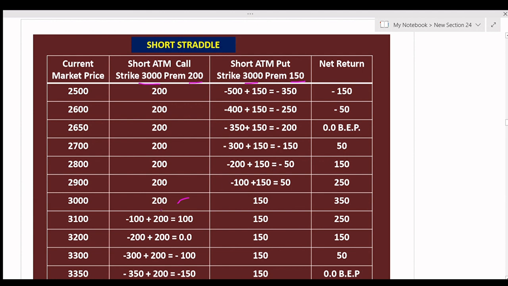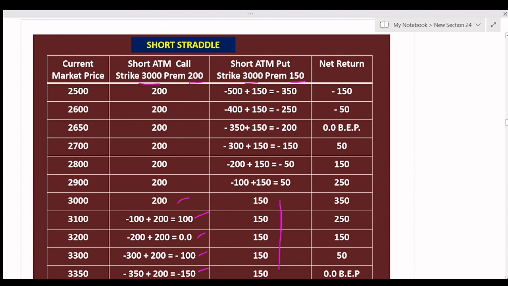When it crosses 3000, the profit will decline gradually, and then up to the BEP it will be zero, and after that losses start. And for the ATM put option, he will gain the premium from the upper side down to 3000.